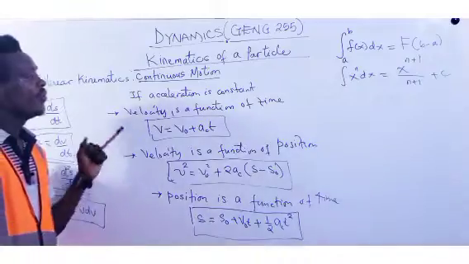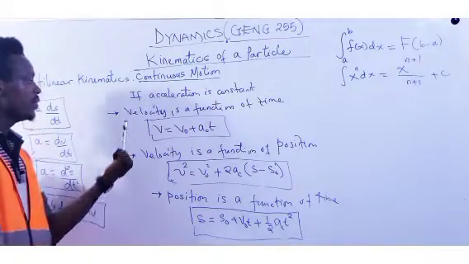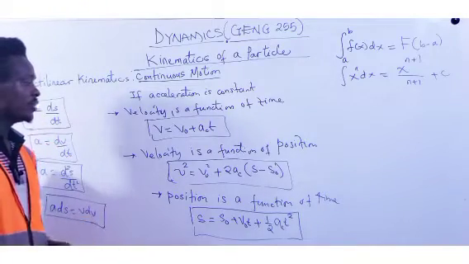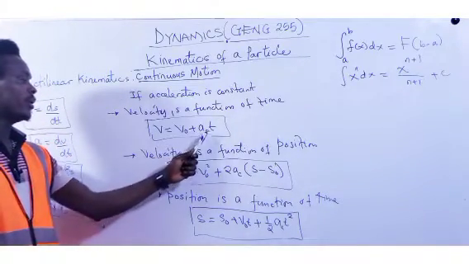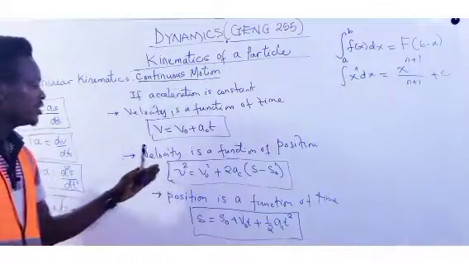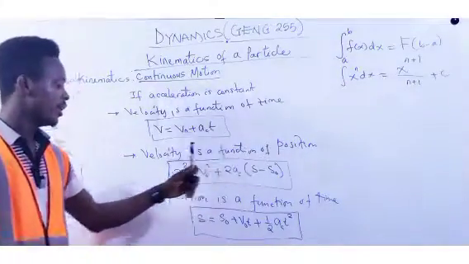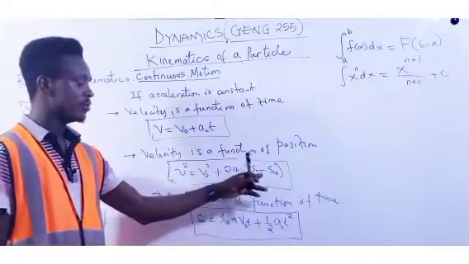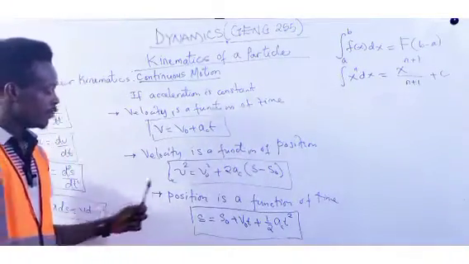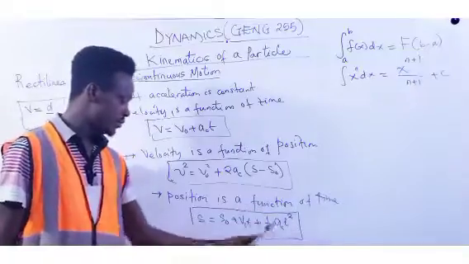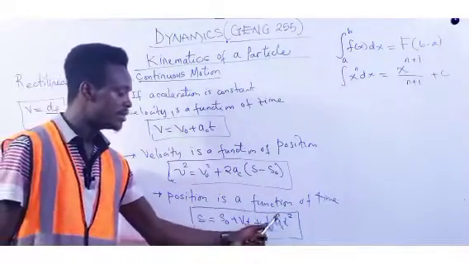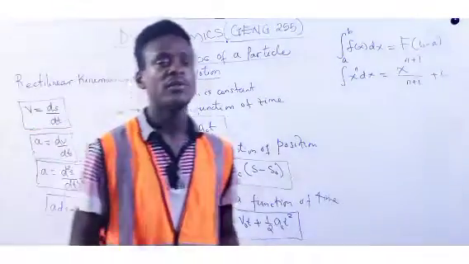If acceleration is constant, then velocity as a function of time is v equal to v naught plus ac t. If velocity is a function of position, then v squared will be equal to v naught squared plus 2 ac times s minus s naught. Then if position is a function of time, then s will be equal to s naught plus v naught t plus half ac t squared.